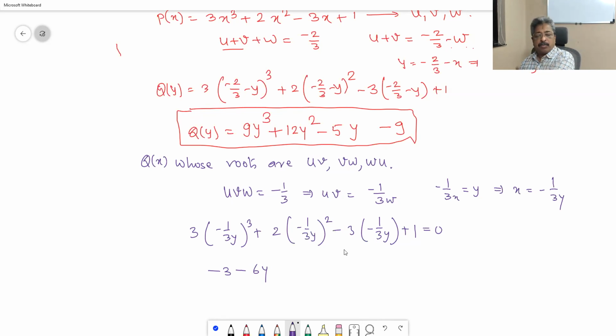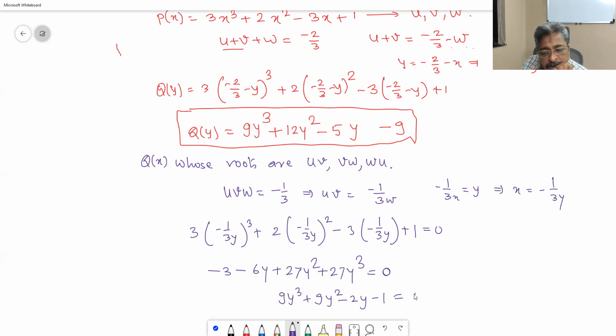Then you are multiplying by 27y cube, so it is 9y square in the numerator plus 27y square plus 27y cube is equal to 0, makes it 9y cube plus 9y square minus 2y minus 1 is equal to 0 in the reduced form. This is what is your equation whose roots are going to be uv, vw, wu.